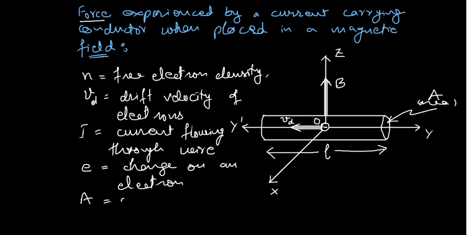A is the area of cross section of the wire.